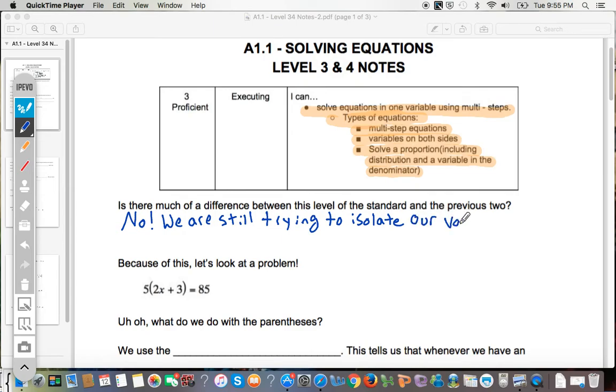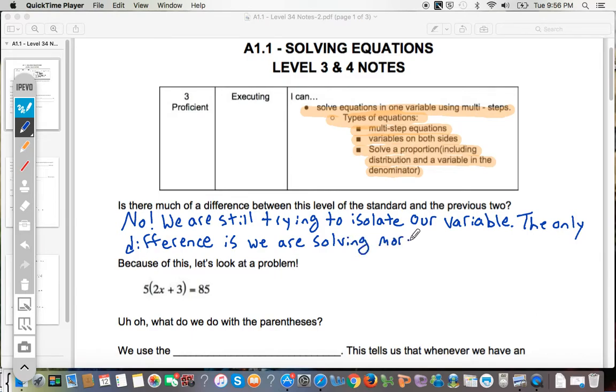So our end goal is still the same. The only difference is we are solving more complicated equations.